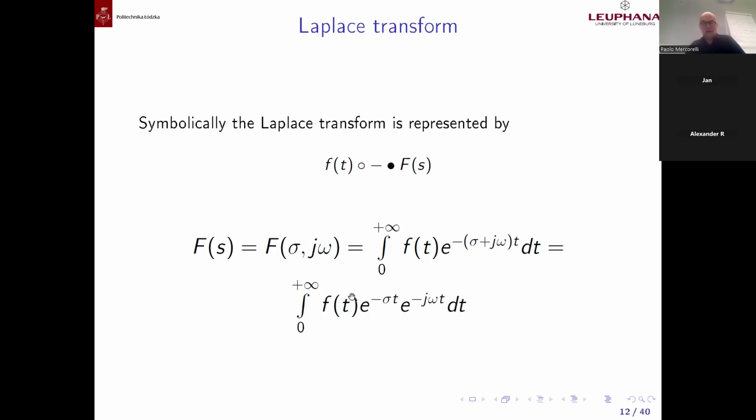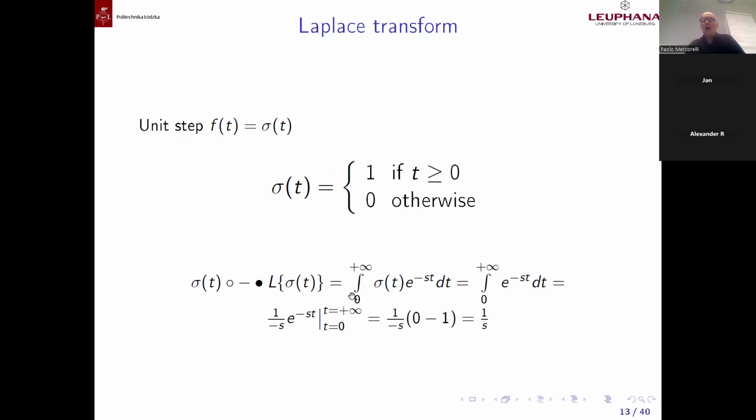I will come back on this structure later. Now, let me show you some important Laplace transforms of some signals. In particular, let me start with sigma, and then we will go ahead with the rest. Sigma is exactly our unit step, because it's 1 multiplied by sigma.